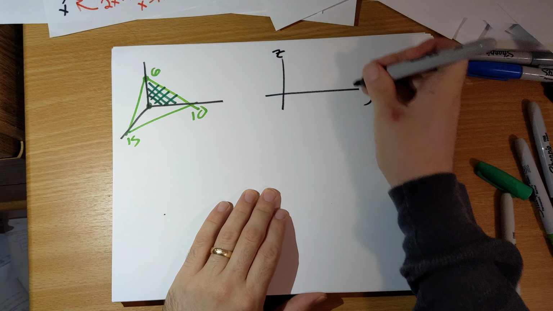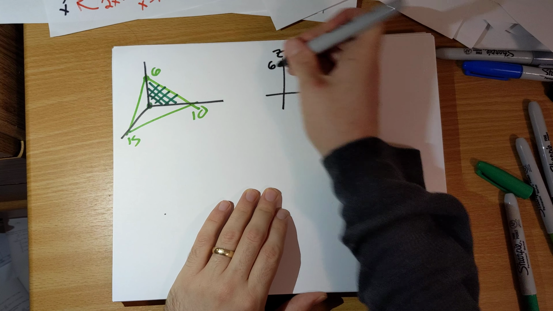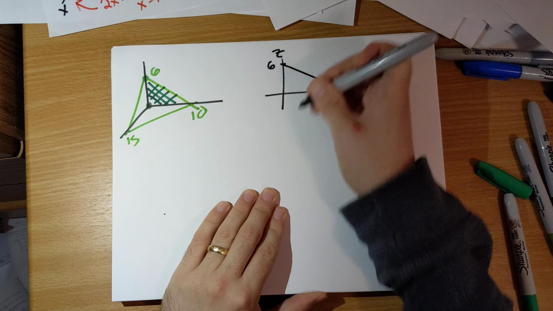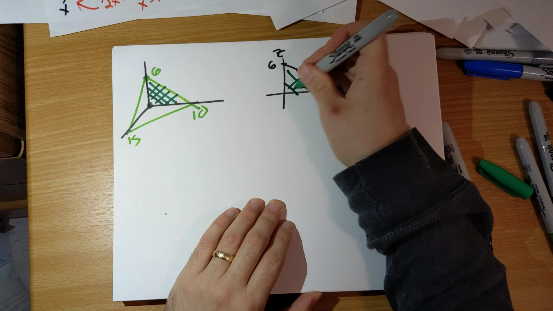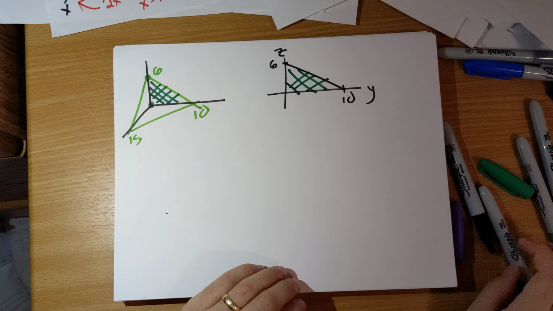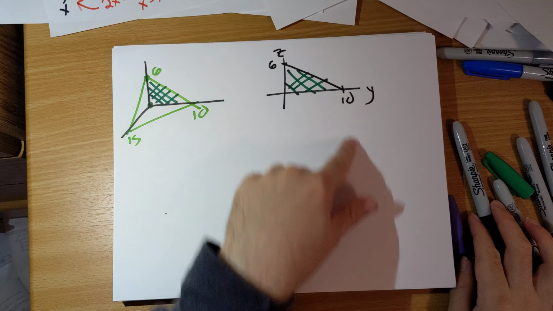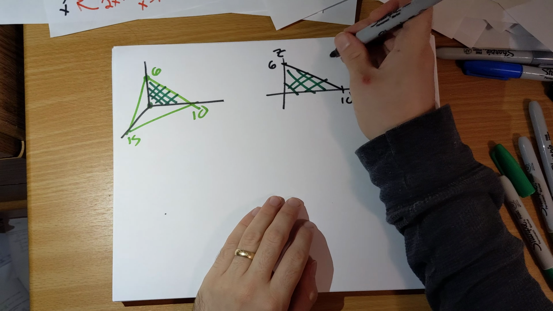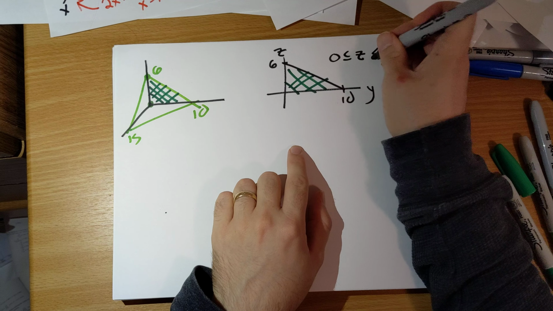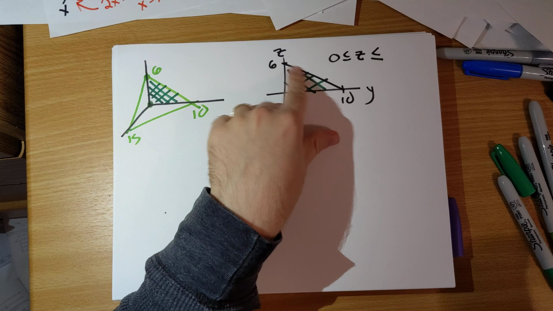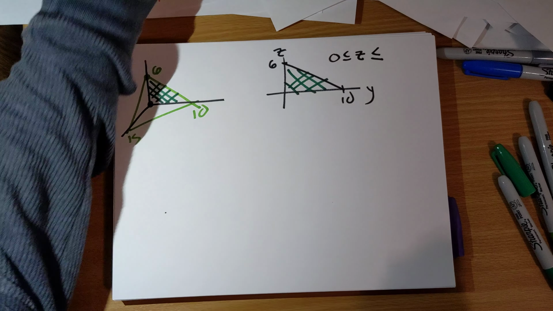So 10 and 6. And so once again, we see here the projection of this into the YZ plane is this right here. How do we come up with z in terms of y? The smallest z can be is 0 for a fixed value of y. The largest z can be is this curve right here.